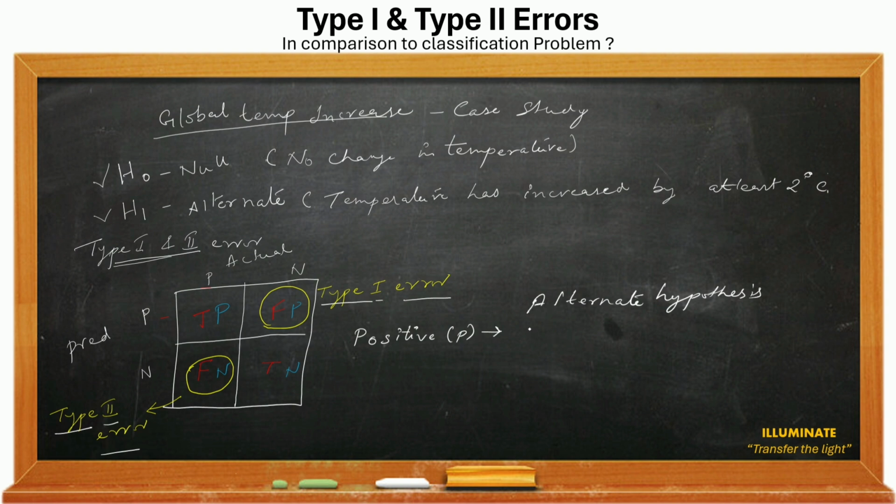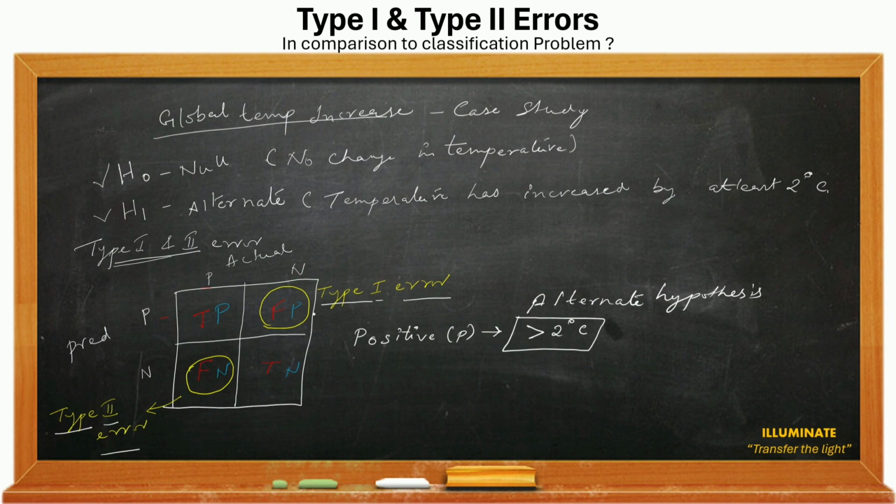So we are setting the alternate hypothesis. The alternate hypothesis says that the temperature has increased at least by 2 degrees Celsius. So this is what is positive for us, because what we claim is correct. This is our claim and this claim is justified by our hypothesis testing. The global temperature has increased by 2 degrees Celsius. Okay, so this is positive.